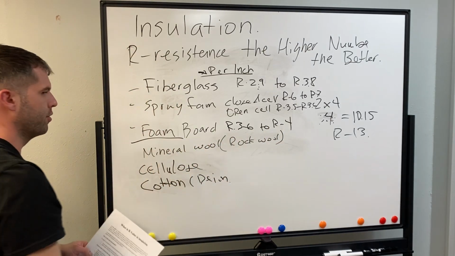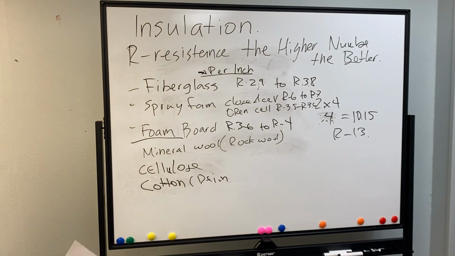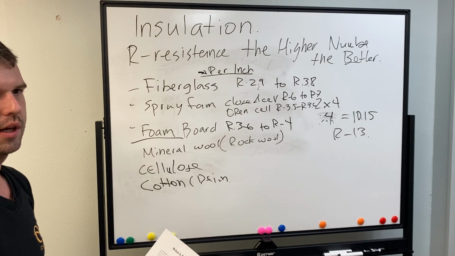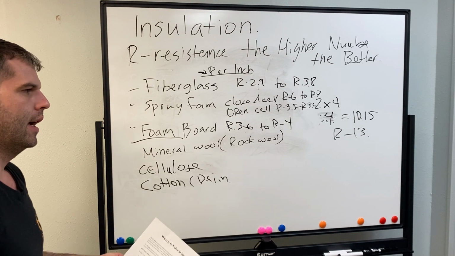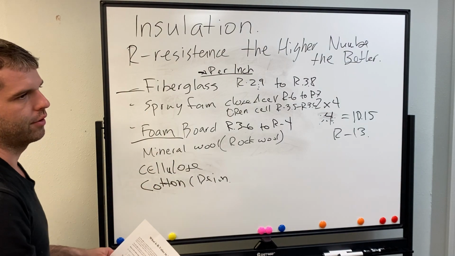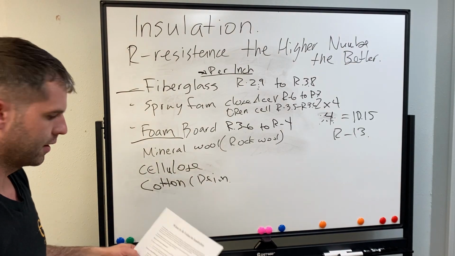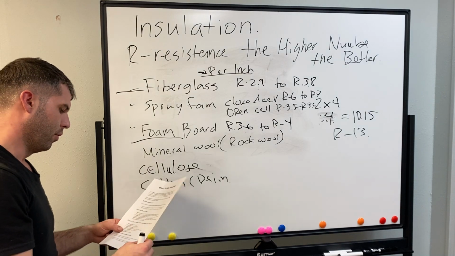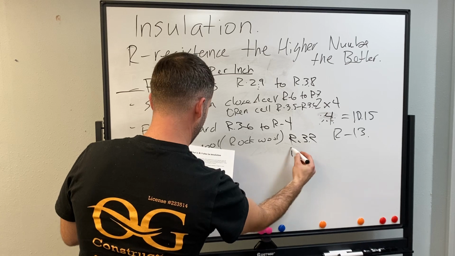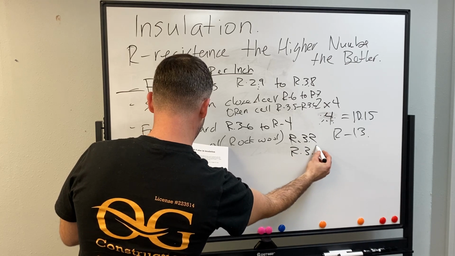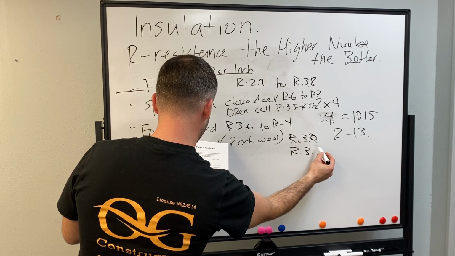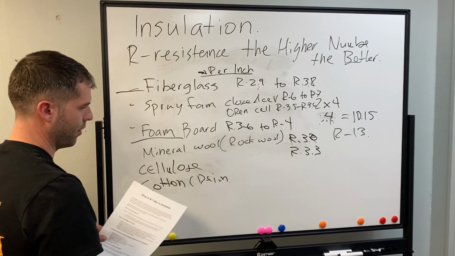With foam board, usually though, what happens is you put it on the outside as an additional insulation. So you don't put it inside the wall. It goes on the side of the wall, and then you get another fiberglass inside the wall. So now you've doubled your wall thickness, right? Then the mineral wool is R3.0 to R3.3 per inch.